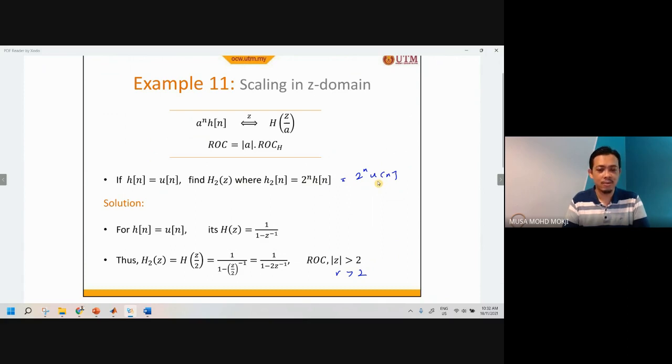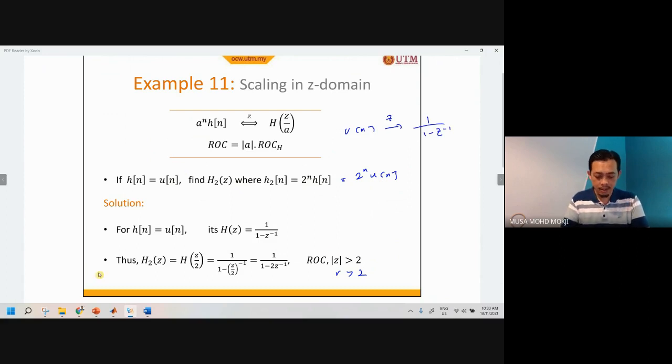Okay, you can do that, but we're going to look at it differently now, because if we know what is u[n], and we already know what is u[n], the Z transform is equal to 1 over 1 minus z to the power of minus 1.